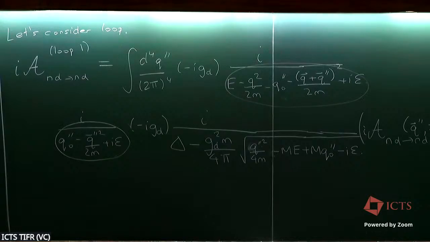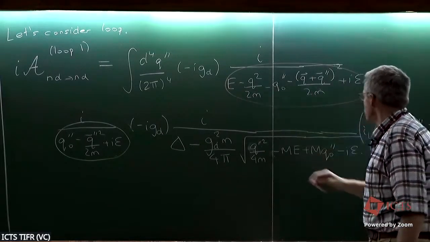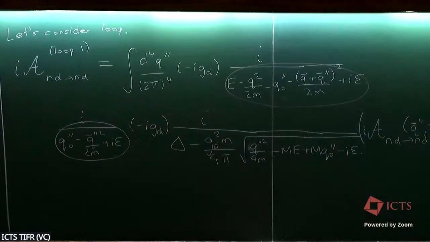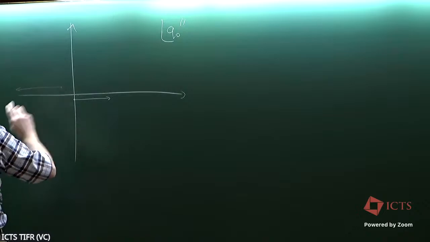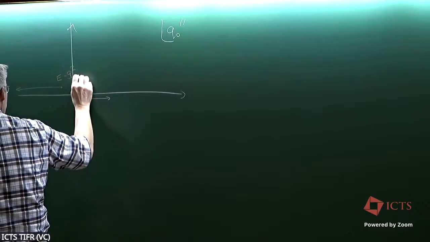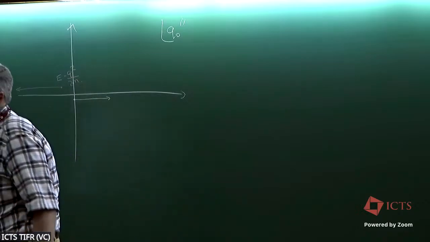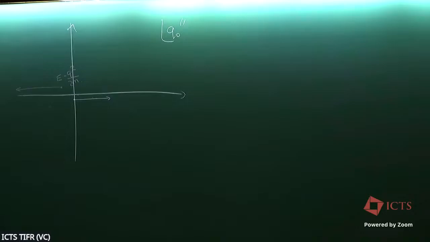Upper half plane, right. And so this one, because E is negative, and these 2 quantities are positive definite, you can guarantee that this one is sort of here, and then can only go down from there, where this point is E minus Q squared over 2m. And that pole position also depends on the momentum argument that goes into the amplitude. So I didn't write that over here, but maybe I should have.